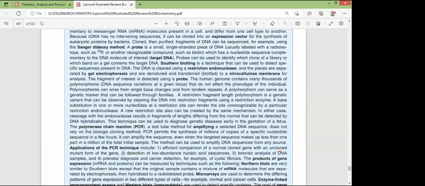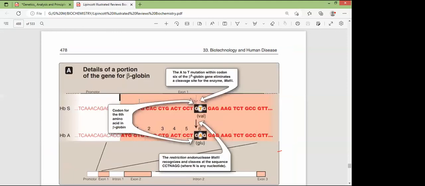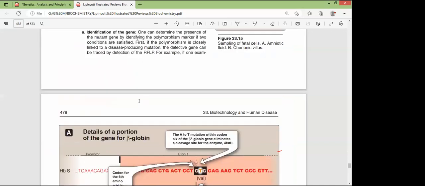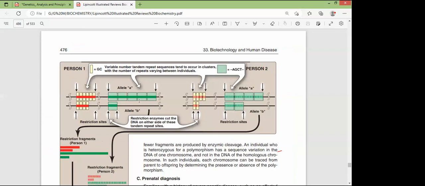What's the most common drug that we use, that is in use, that is made as a result of biotechnology?